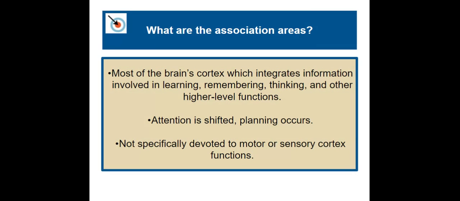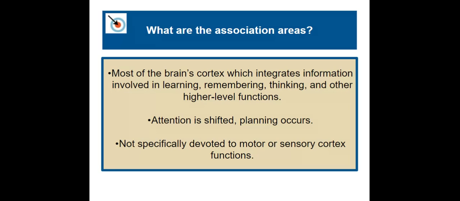Okay, so what are the association areas of the brain? This is basically the cortex, which integrates information into learning, remembering, thinking, and higher level functions. All right. Basically, anytime attention is shifted, like if we're focusing on one thing and then we go to another, our brain automatically plans, interprets, and then creates counter actions for all of that. We don't even feel it most of the time.